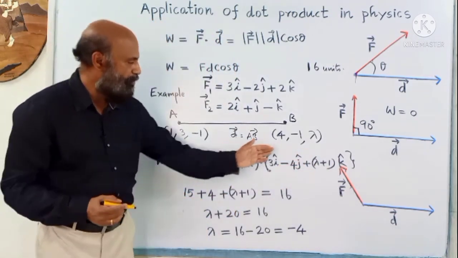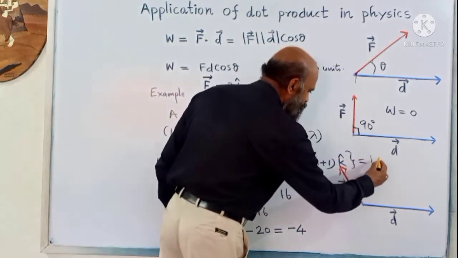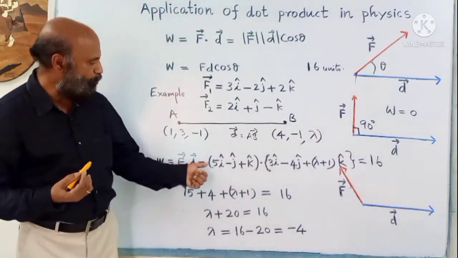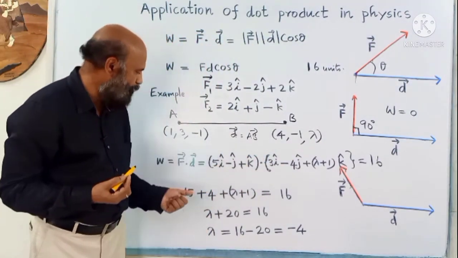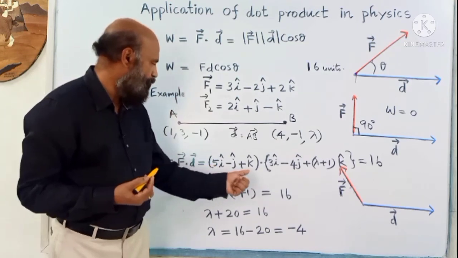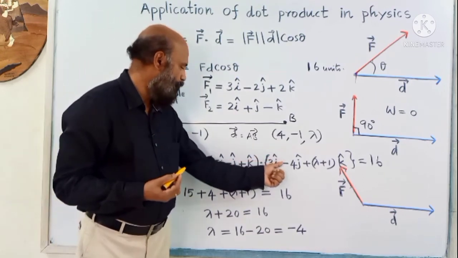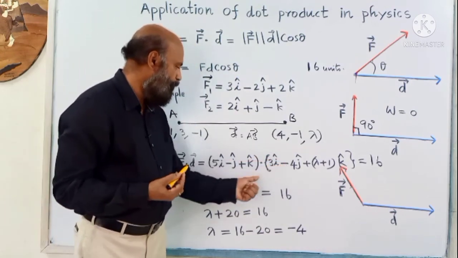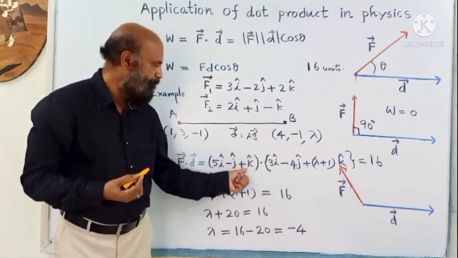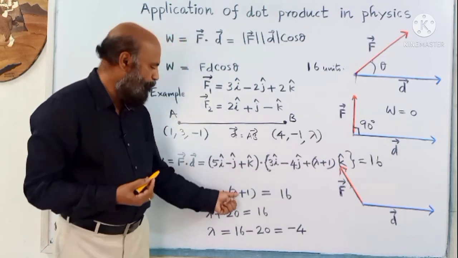Then you have to take the dot product, but work is given to be 16. So when you take the dot product, you have to multiply the corresponding components. 5 into 3, 15, minus 1 into minus 4, so minus into minus plus, so it is plus 4. Then here 1, here lambda plus 1, so lambda plus 1 into 1 is lambda plus 1.